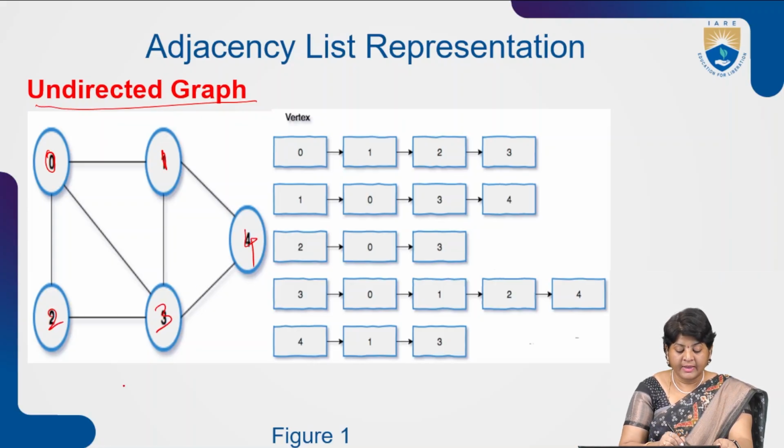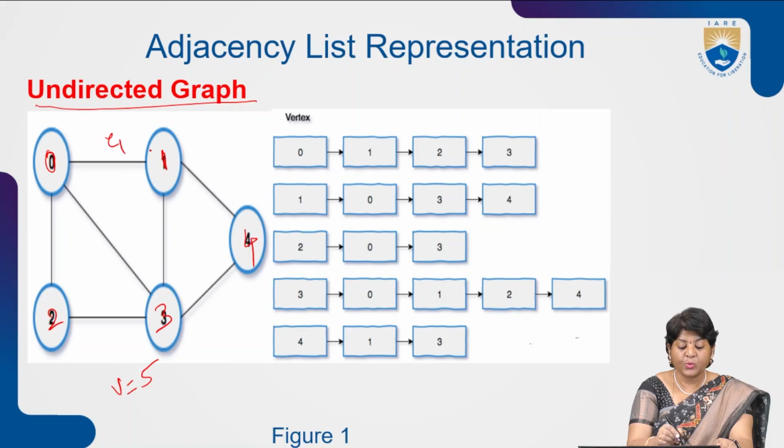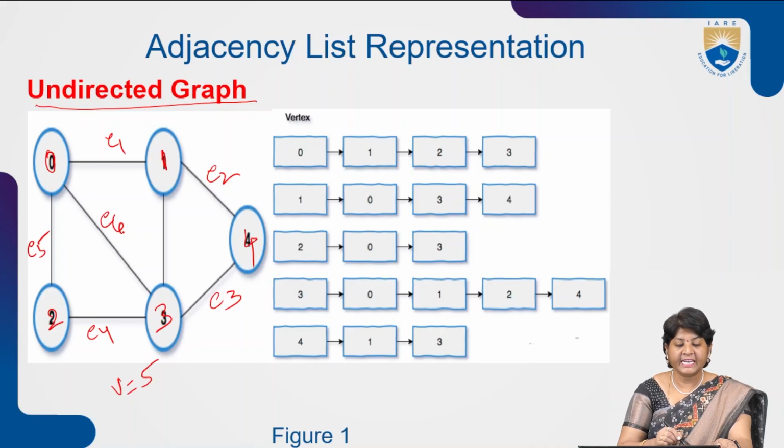And here we can say 5 vertices are there. And now edge connections E1, E2, E3, E4, E5, E6. So the edges are 6.